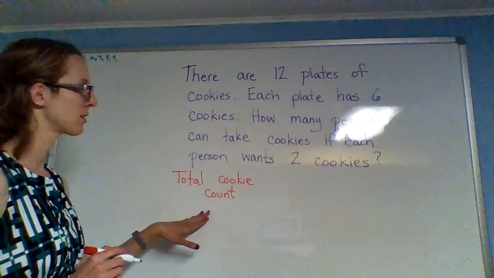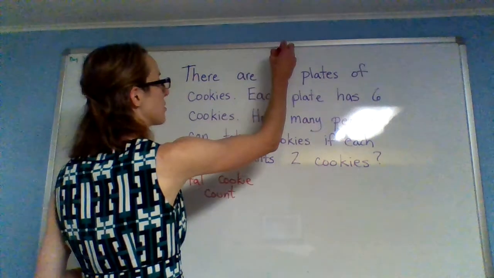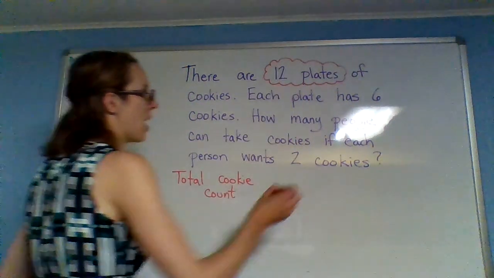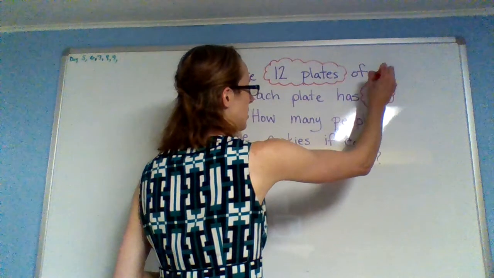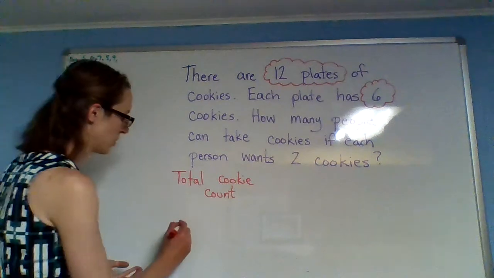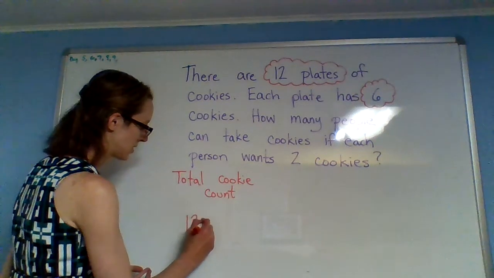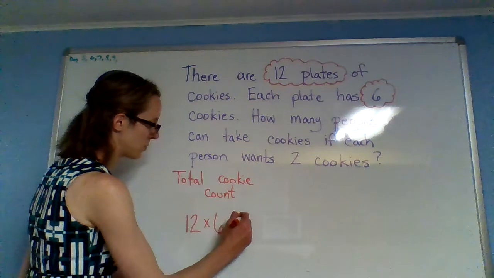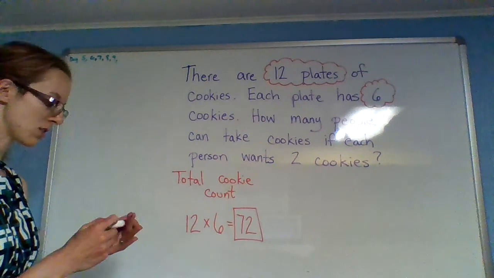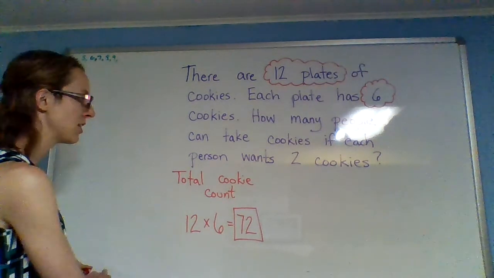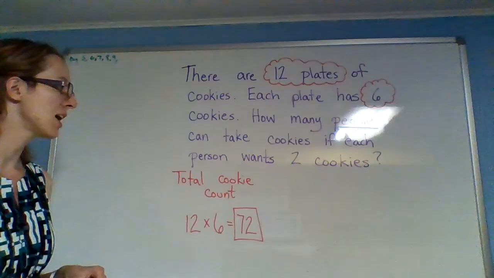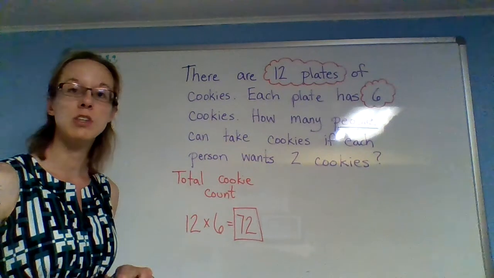And to find my total cookie count, I need to know that there are 12 plates of cookies, and that each of those plates has 6 cookies on it. That means that I have 12 groups of 6, which I can do as 12 times 6, which means that I have 72 cookies. However, the question isn't how many cookies do I have? The question is how many people can take cookies if each person wants 2 cookies.